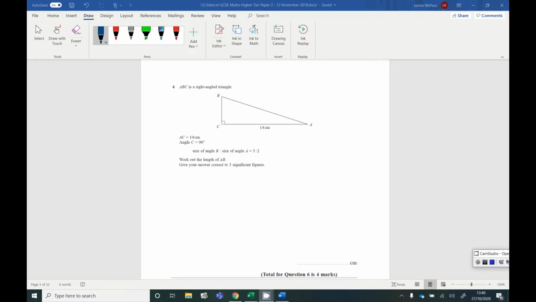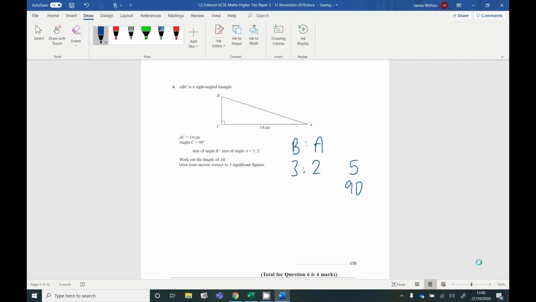So, question 6. We're told that the size of angle B to the size of angle A is in the ratio of 3 to 2. Now, B and A together must add up to 90 degrees, because obviously C is the right angle, and angles in a triangle add up to 180. So we know we're spreading 90 degrees over B and A. B and A together is 5 shares.